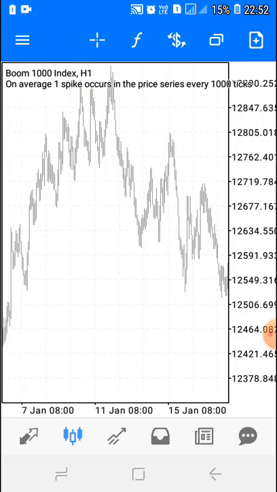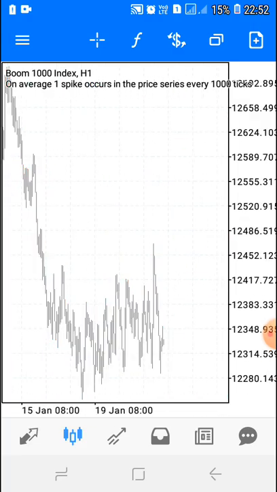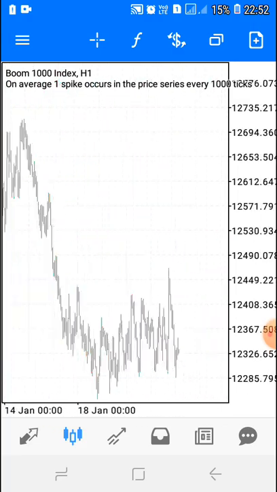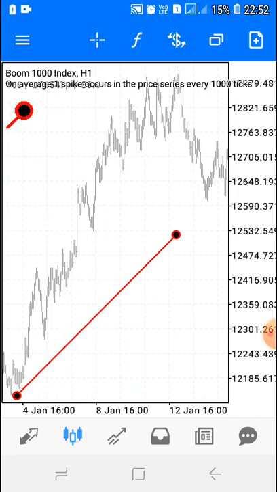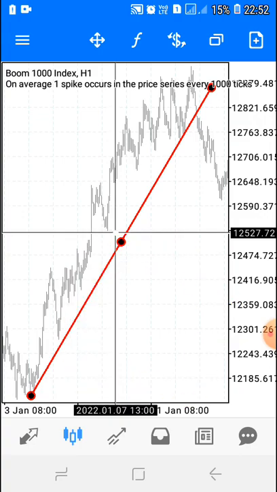Okay, so the first thing we're going to look for is which direction the market is going, right? As you can see, the market has been trending in a downtrend. Okay, so check it out. Right now I'm going to draw my trend line, and look at this. The market has been trending in an upward direction.